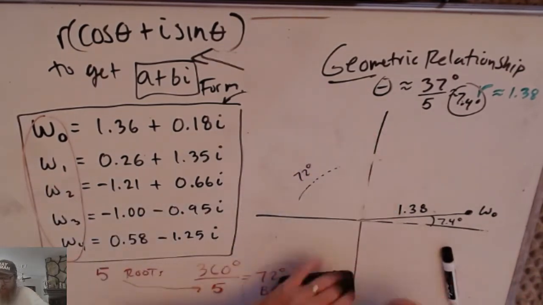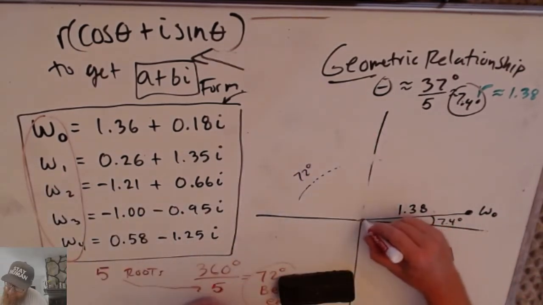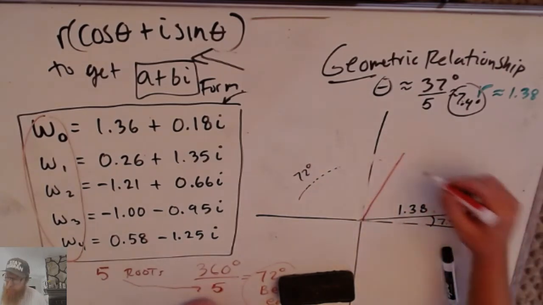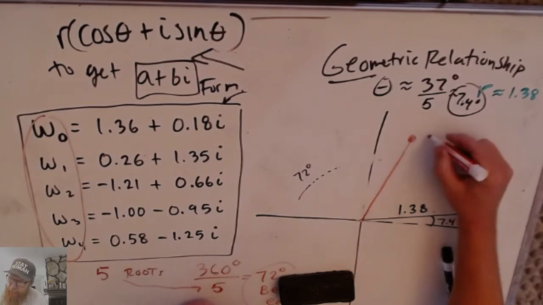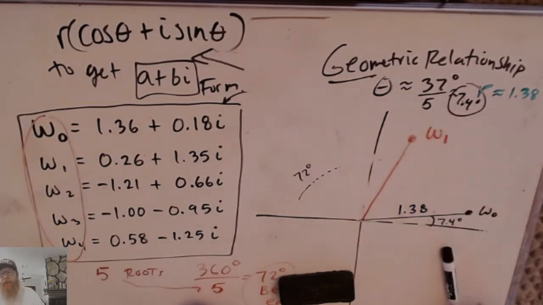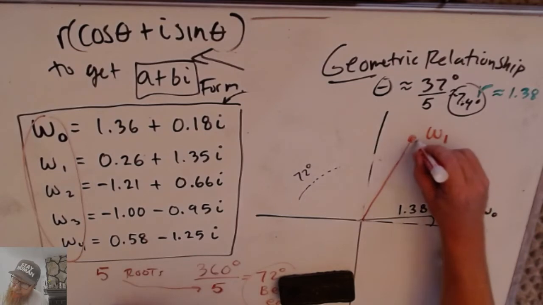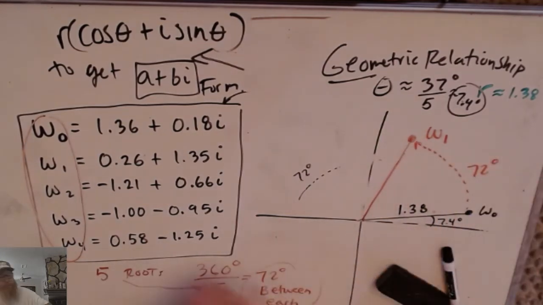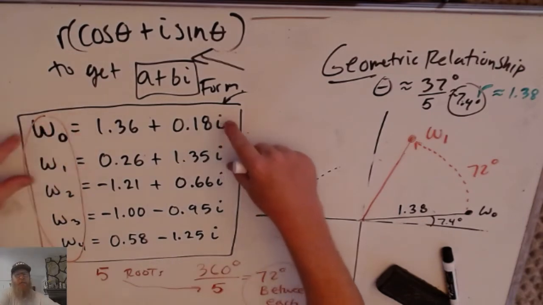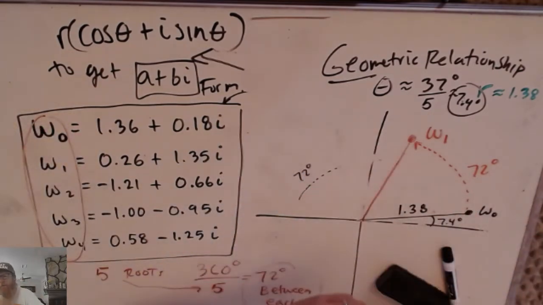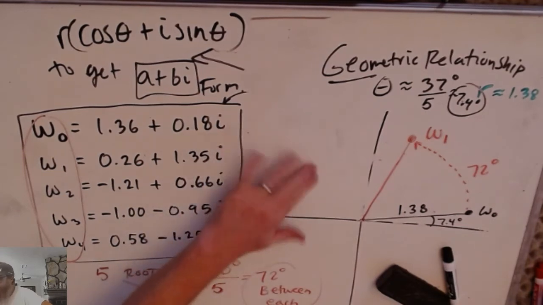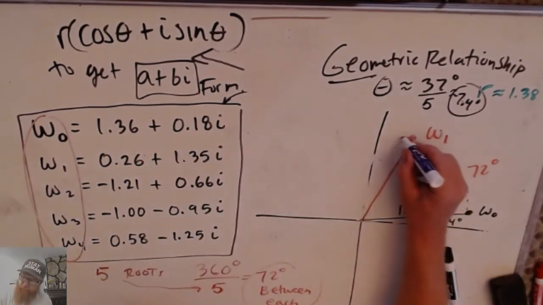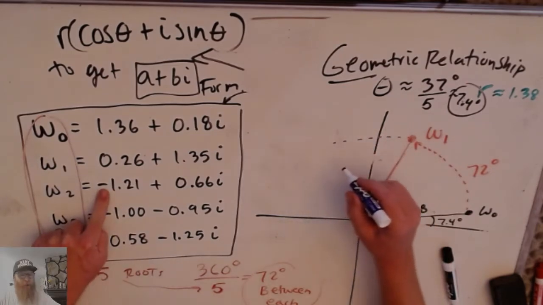When I go to my omega 1, it should be the same length, and it should be 72 degrees of separation between them. So now these two first roots are in quadrant 1. And then go another 72 degrees. Now we're in quadrant 2.